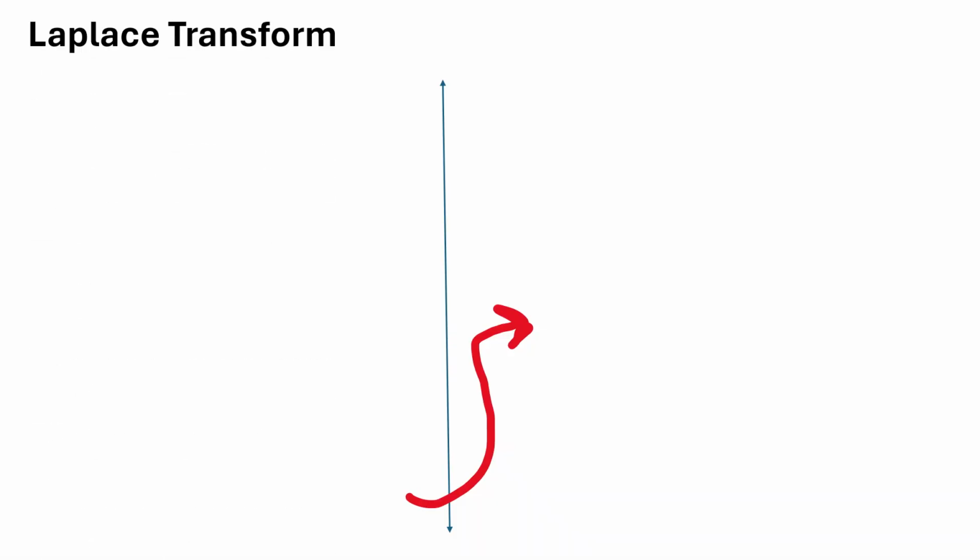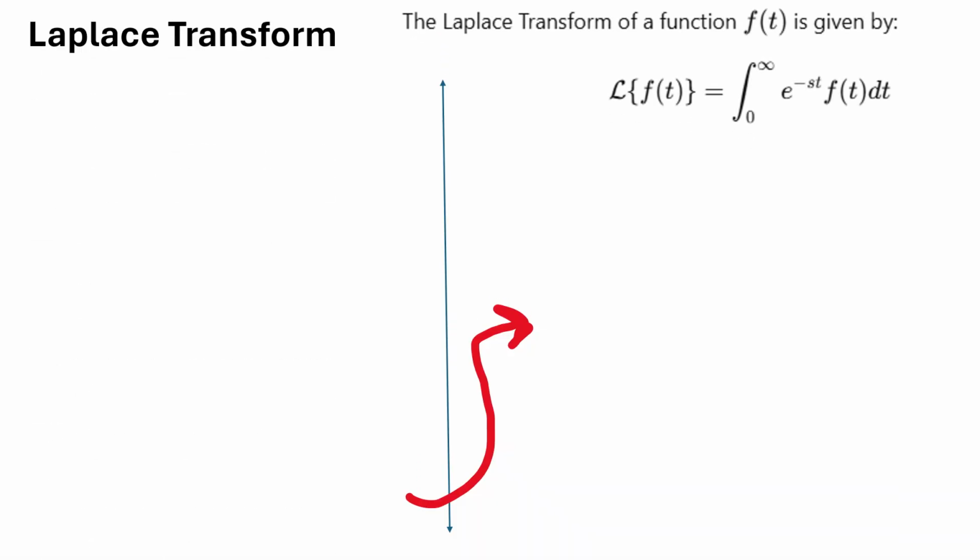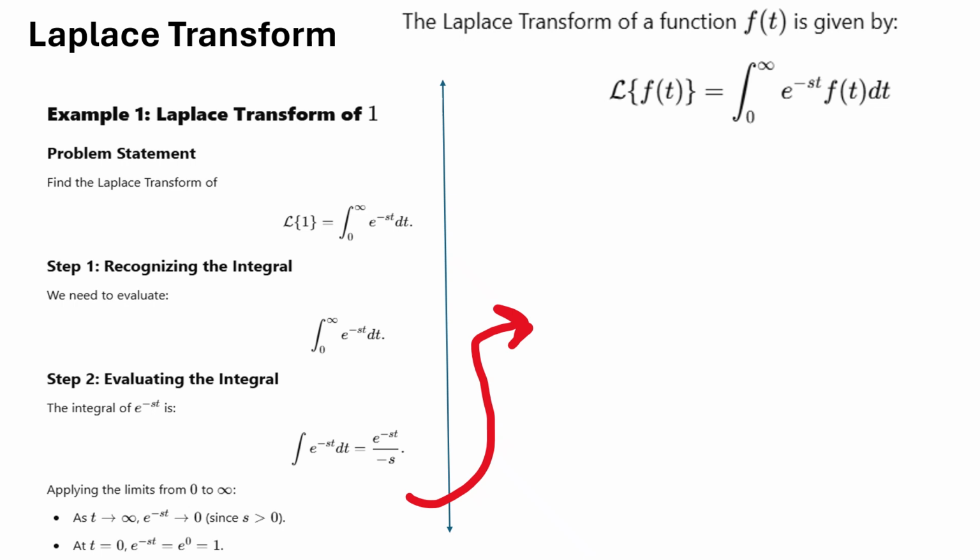How can we solve the equation? I'm trying to get a solution for one question. The question is: what will be the Laplace transform of unit 1? Here we are going to use the same formula.